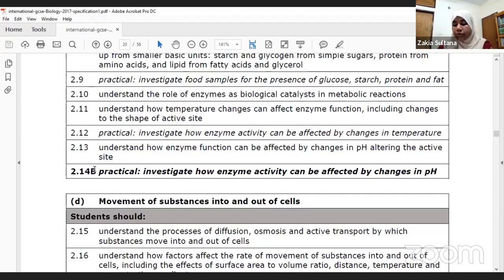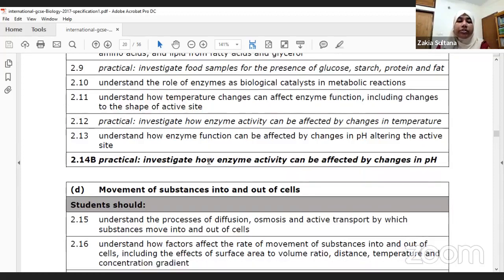So such points with B in their numbers, or the ones which are in bold, you don't need to revise before paper 1. These are only for paper 2. So it's enough if you don't revise them and you only go through these before paper 2.